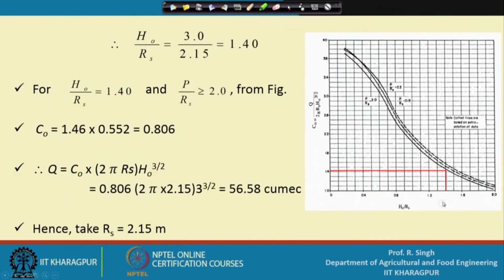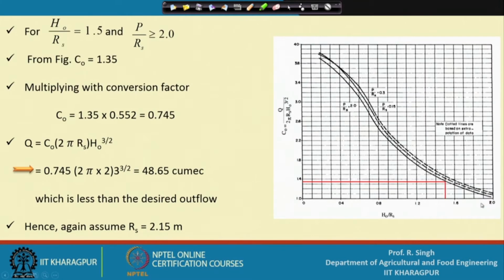So, if it is 1.5, what is the corresponding value of this coordinate here? So, to determine the coefficient of discharge, the C0 value is 1.35. Since this graph is prepared in MKS unit, we multiply using a correction factor to convert it into SI unit.